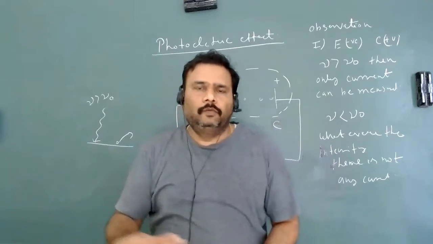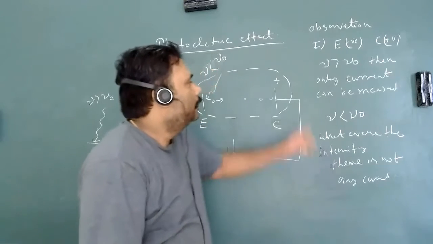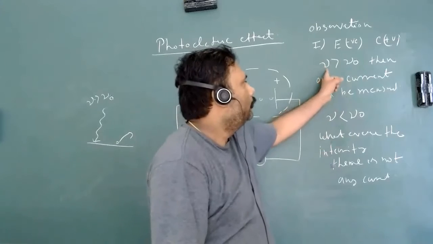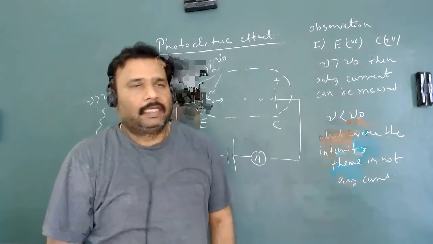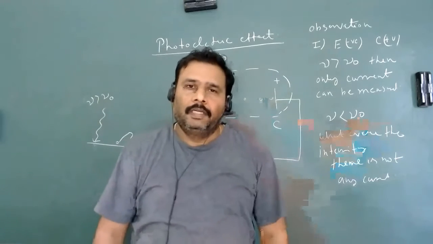Whatever you do, you do not get any current. So we find that current occurs only for frequency greater than nu naught. This is the first observation we find in the photoelectric effect.